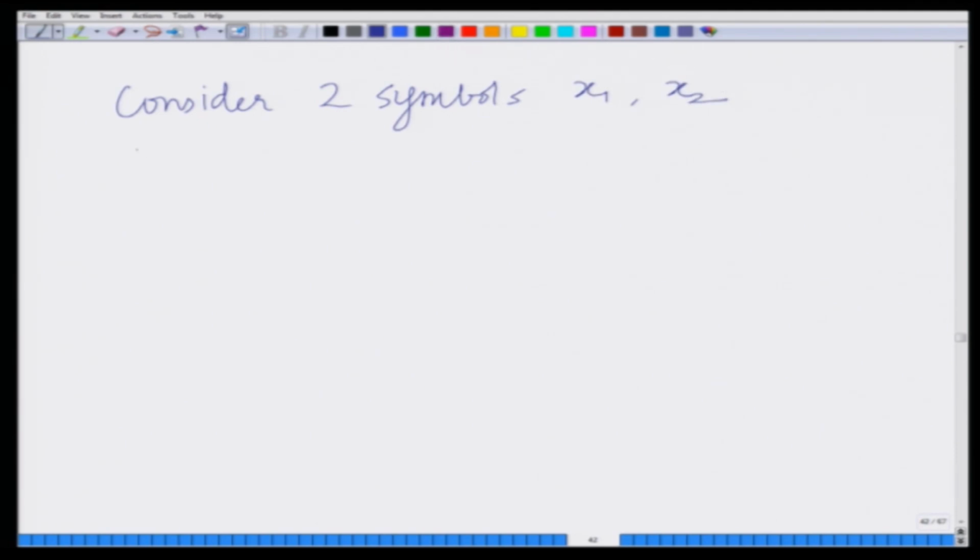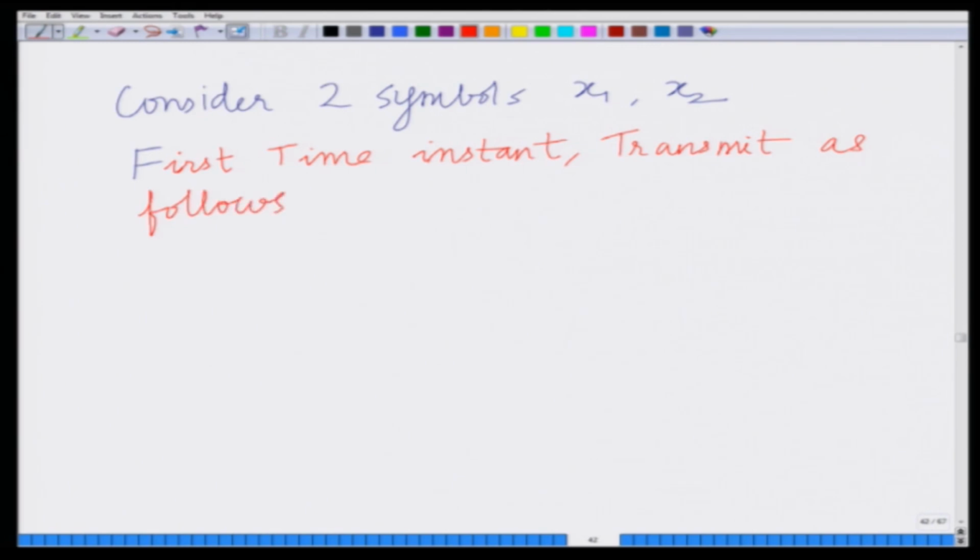In the first time instant, we transmit x1 from transmit antenna 1 and x2 from transmit antenna 2.